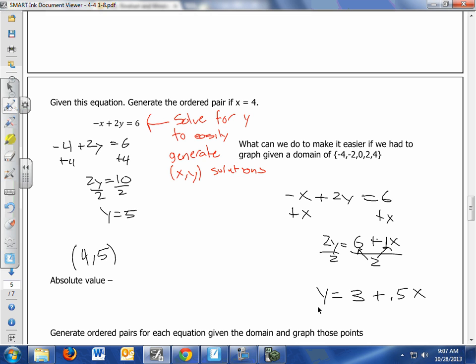Now, I can plug in -4, -2, 0, 2, and 4, and I'll be able to get my y's easily. Also, you'll discover today that you're going to be able to use your calculator to generate solutions easily. And we're going to do that in just a second.